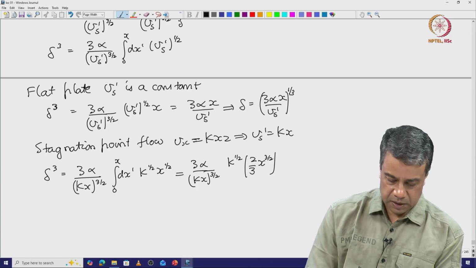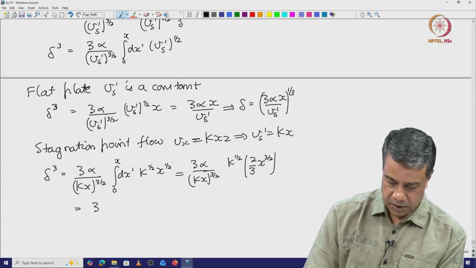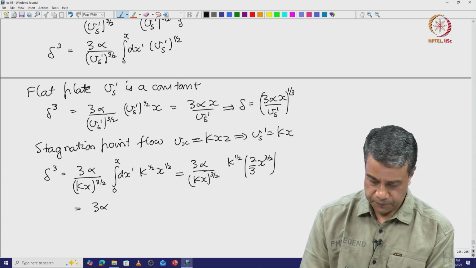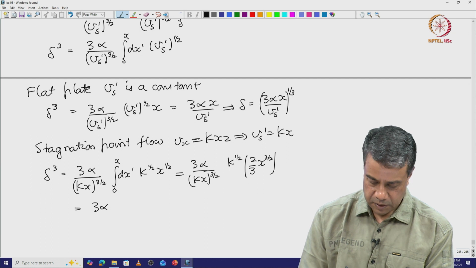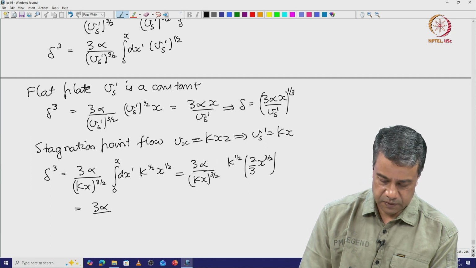And this is equal to 3 alpha. You can see that the x to the 3 halves will cancel out.